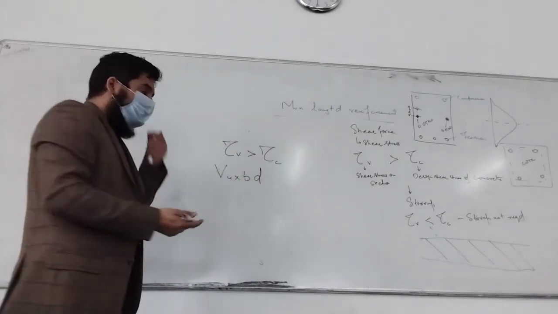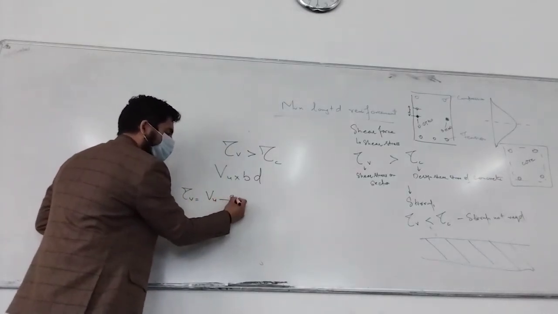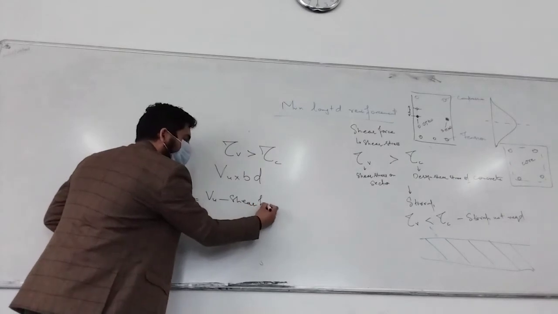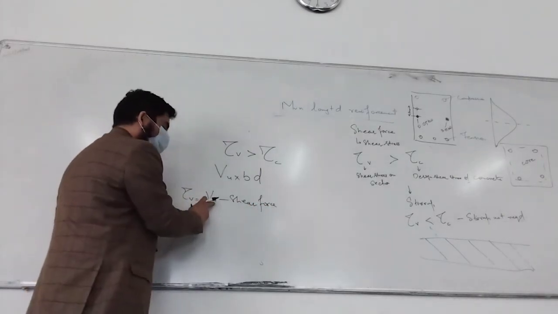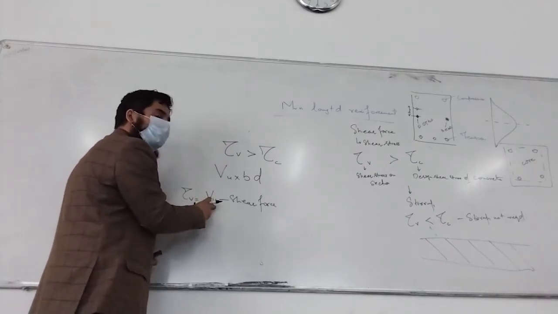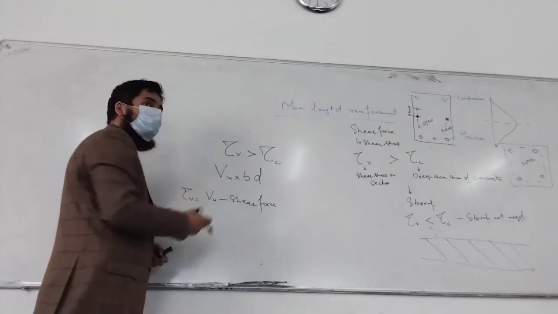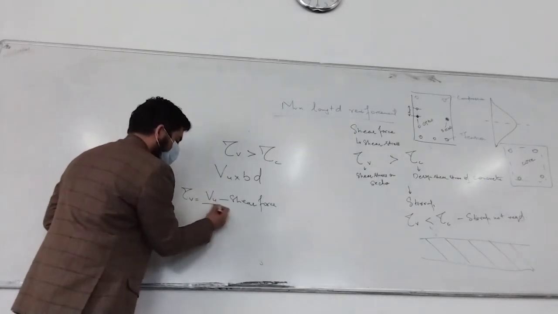Tau v, Vu is shear force. जो shear force इस पे act कर रहा है. U क्यों है इसमें? It could be only V is the shear force. U is it's after multiplying by the load factor. So it's the ultimate shear force.